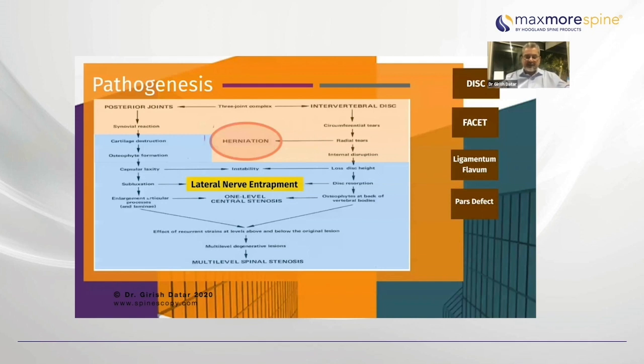Now, lateral nerve entrapment is part of the secondary or grade 2 disc related disorder. That means you have an initial disc herniation and annular fissures, and then over a period of time you have the development of stenosis, where the first symptomatic thing is going to be the entrapment of the lateral nerve.